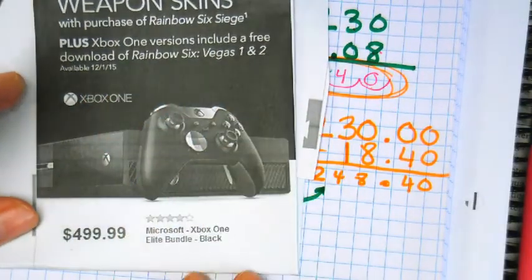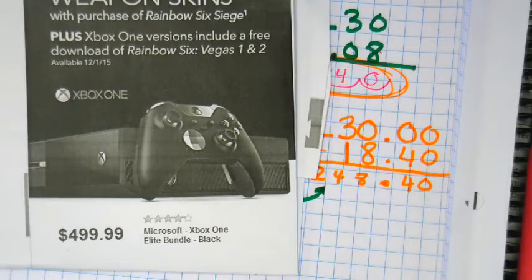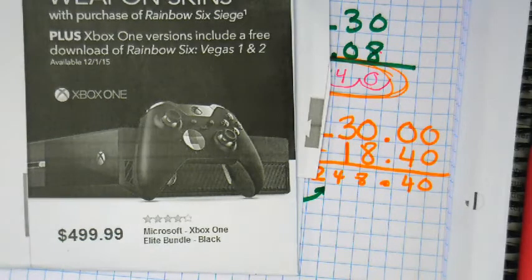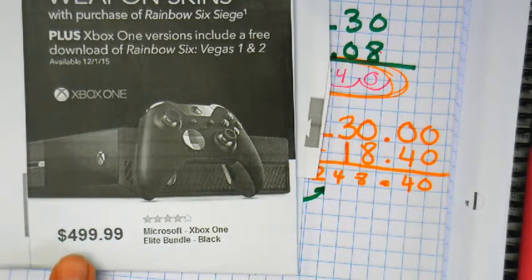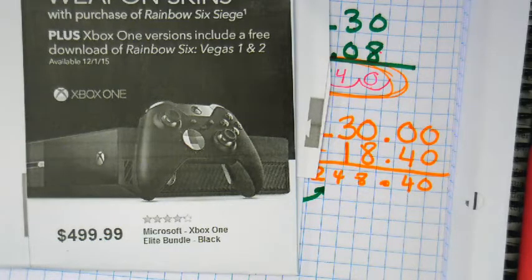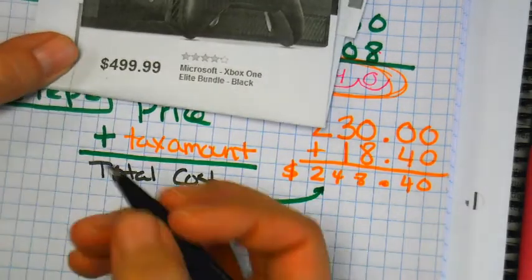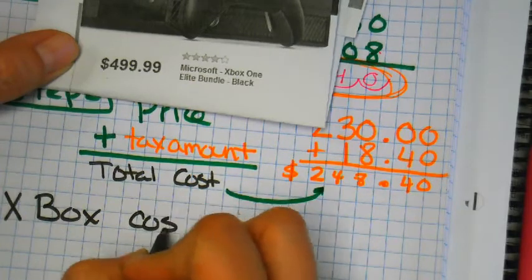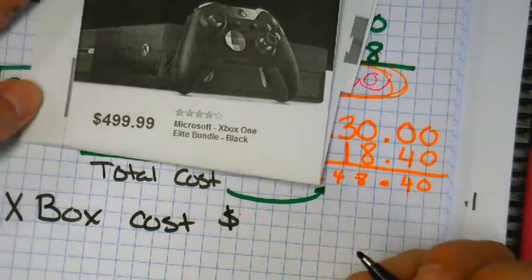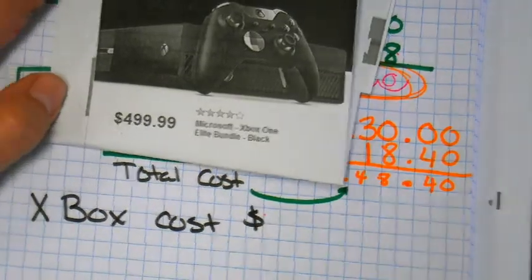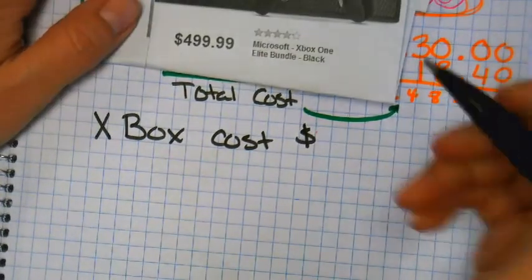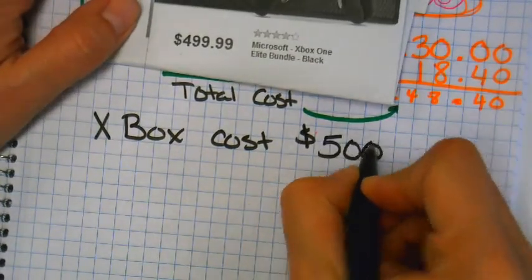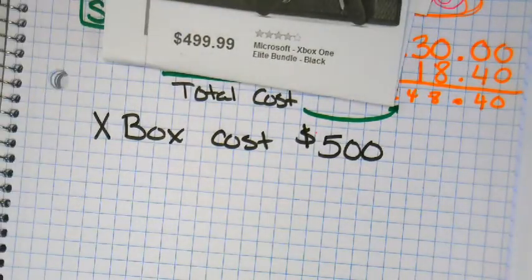So the cost is $499.99. That's a lot of birthday money right there. Now, let's write the Xbox cost. How much are we going to round this to? $500.